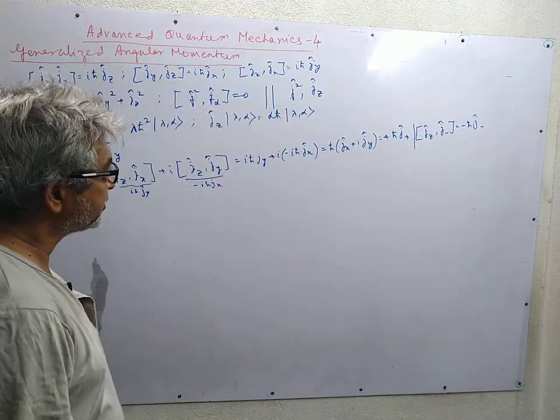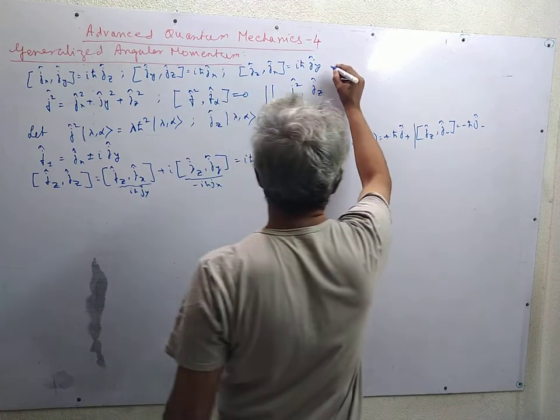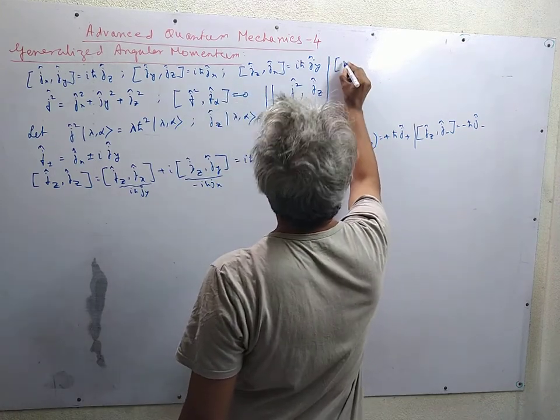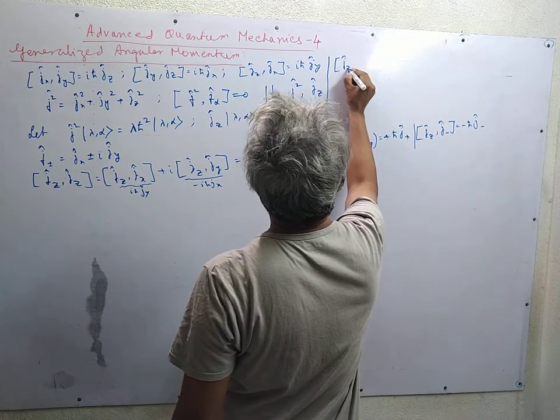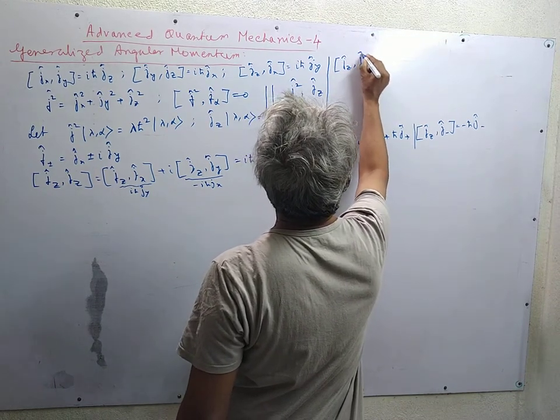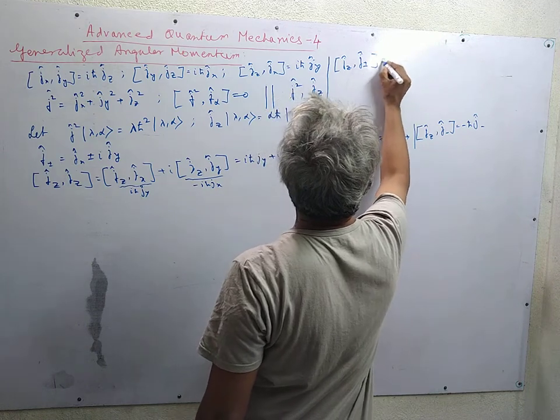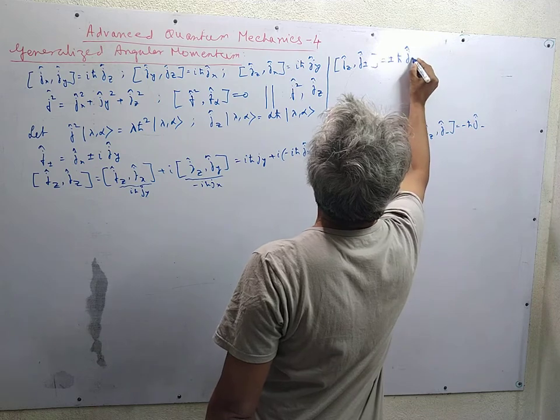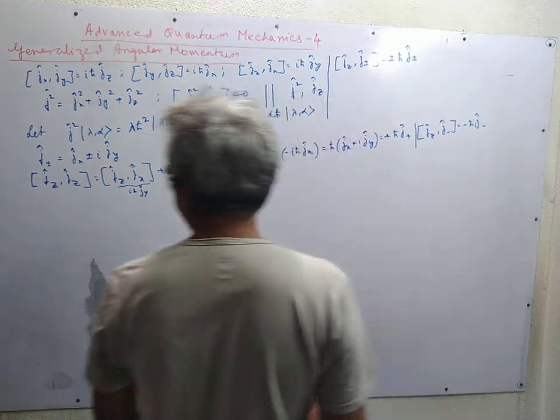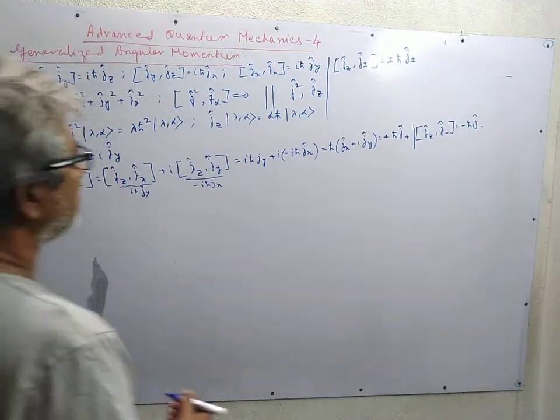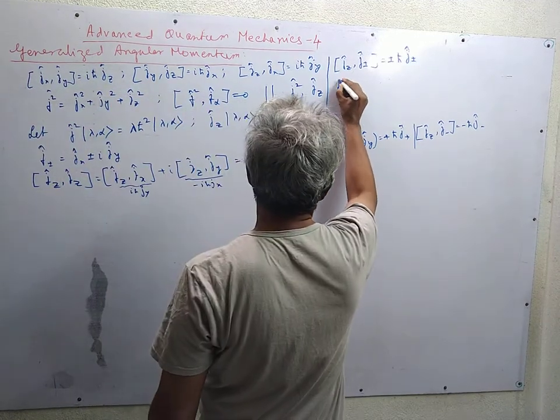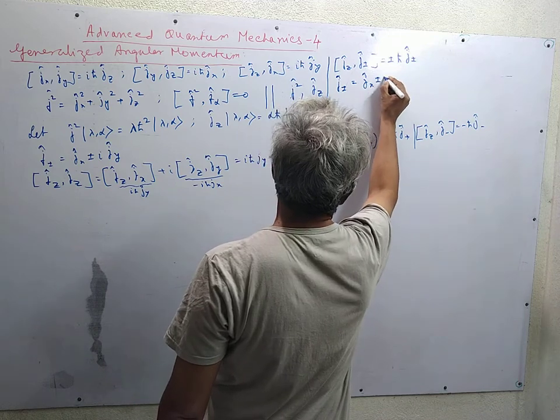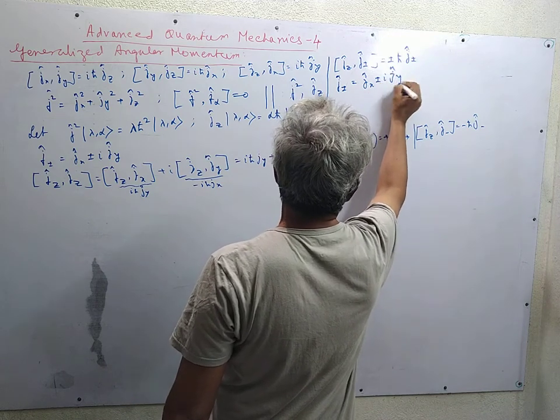This commutator relation will be required afterwards, so we note it: [Jz, J±] = ±ħ J±. And obviously J± is well known, it is Jx ± iJy.